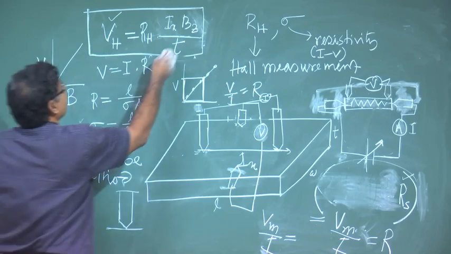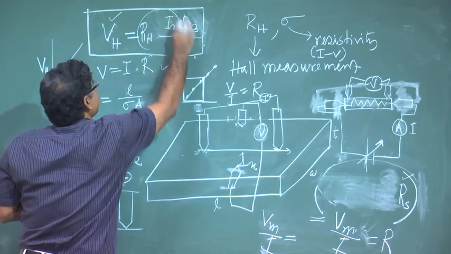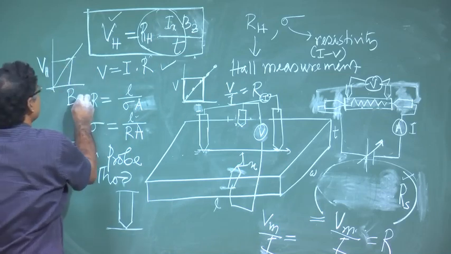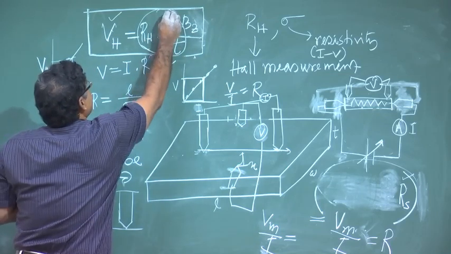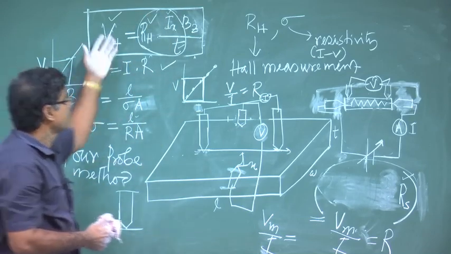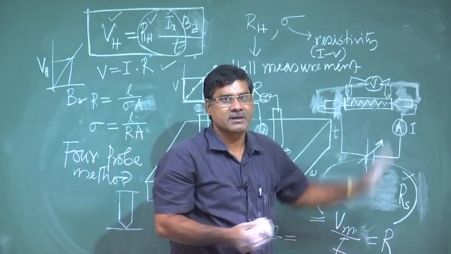So, from the slope you will get this constant. Ix is known, so you will get this RH. Okay. So, from there one can calculate all these parameters.